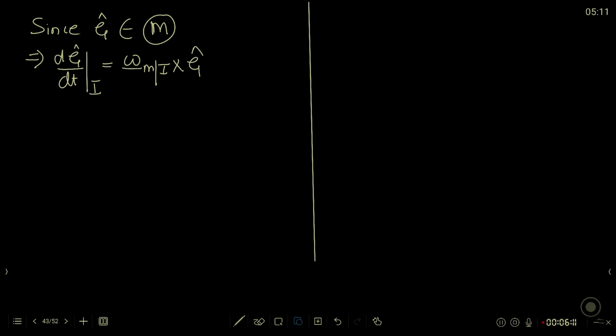If E is a vector fixed in frame M, then the rate of change of that vector with respect to a frame I will be angular velocity of frame M with respect to I cross with E1.